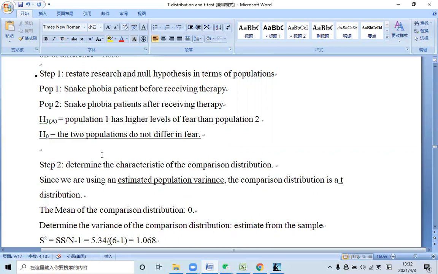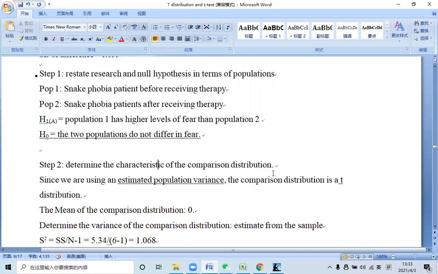And then you want to determine the comparison distribution. The comparison distribution gives you the proportions, which give you the probability distribution.